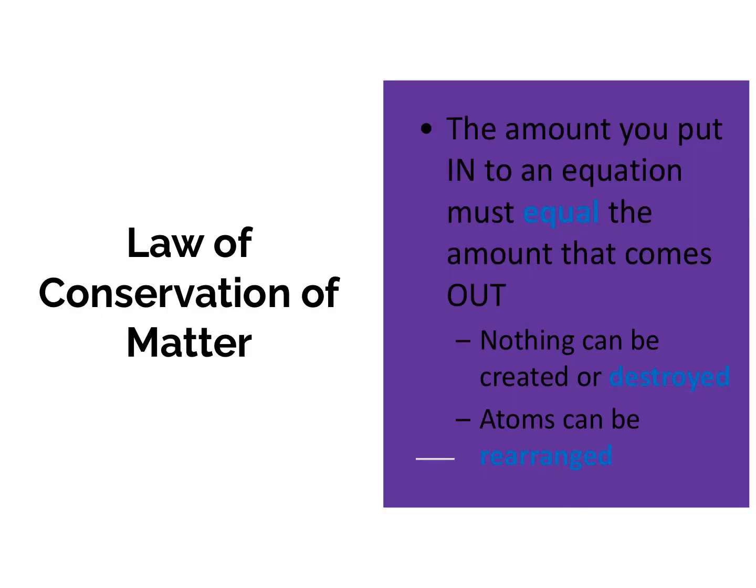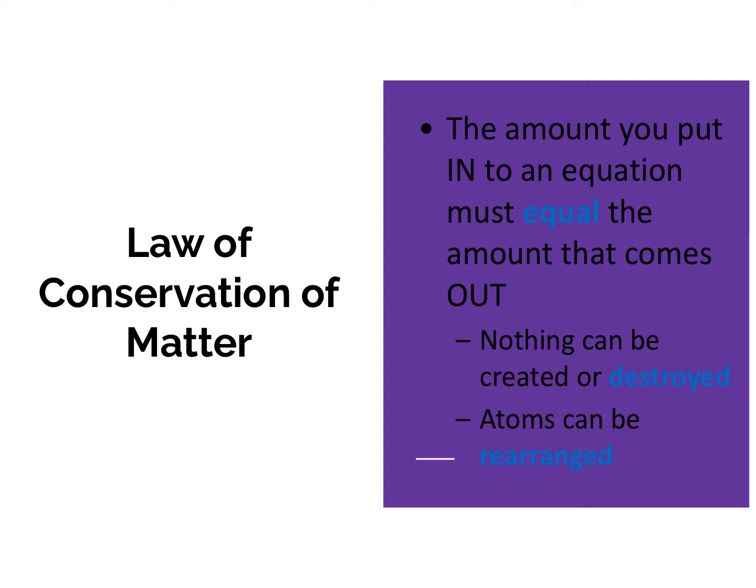Then we have this thing called the law of conservation of matter, and this is described as the amount you put into an equation must equal the amount that comes out, because matter cannot be created or destroyed. Atoms can only be rearranged.